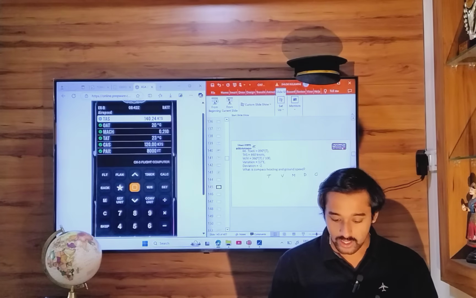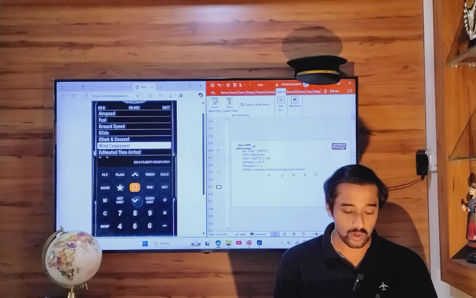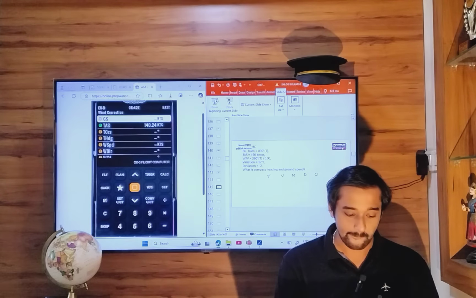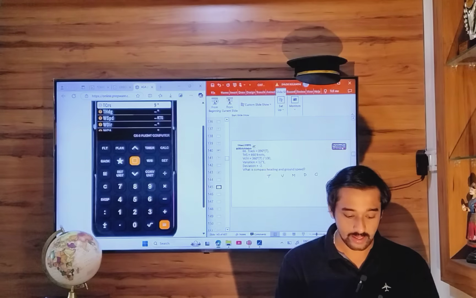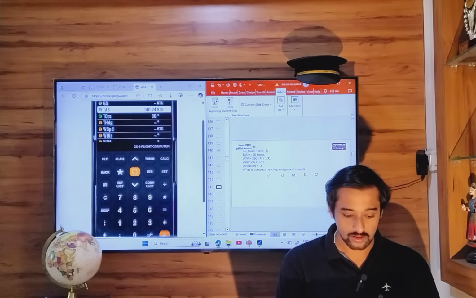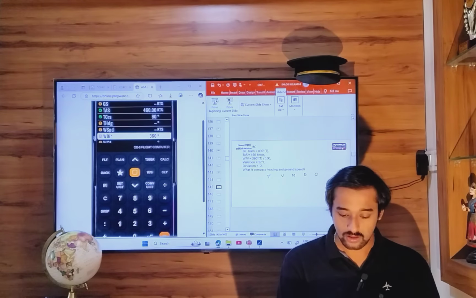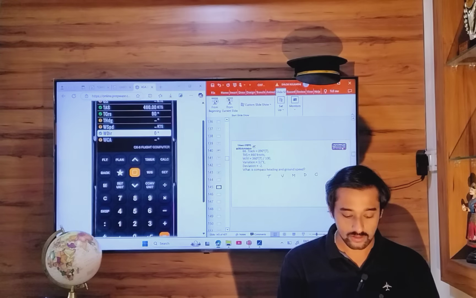Track is 090. Use the wind correction option. Task is 460. Winds are 360 at 10.